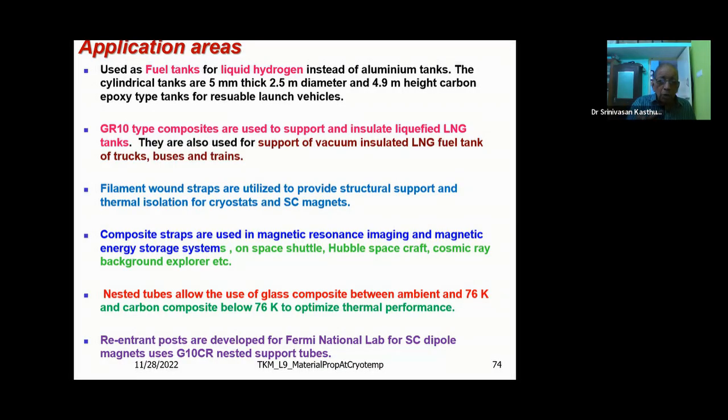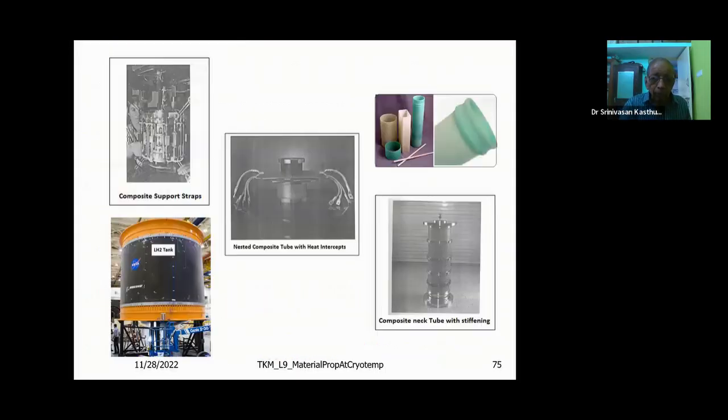Generally, they are useful as neck tubes. You can use a composite tube as a neck tube from room temperature to low temperature. Re-entrant posts are also developed by Fermilab for superconducting dipole magnets and G10 nested systems, right?